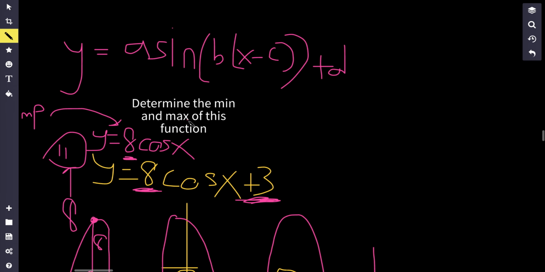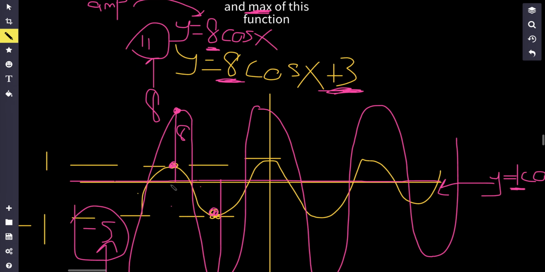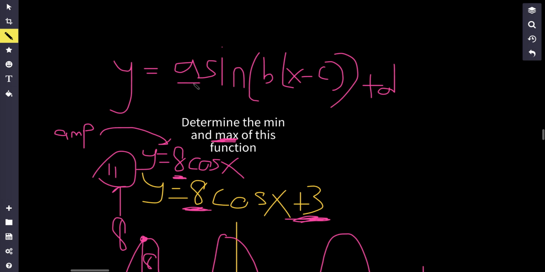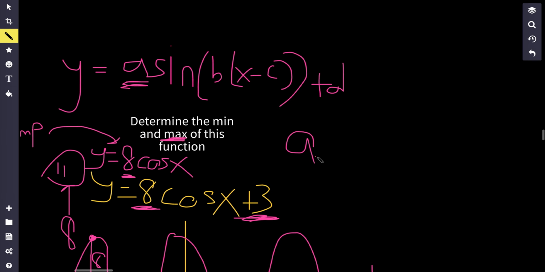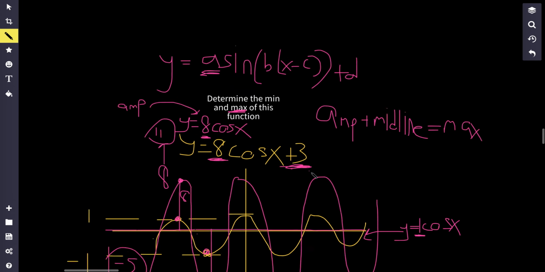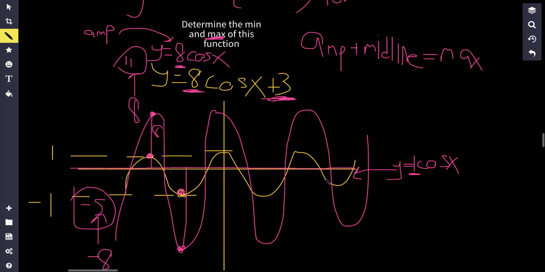To find the maximum of this function, well, we know the amplitude right over here, and what we're going to do is just add our amplitude plus our midline, and that's going to give us the maximum point, okay? Now, to find the minimum point, what we do is we take our midline and subtract our amplitude, right? And that's going to give us the minimum point.